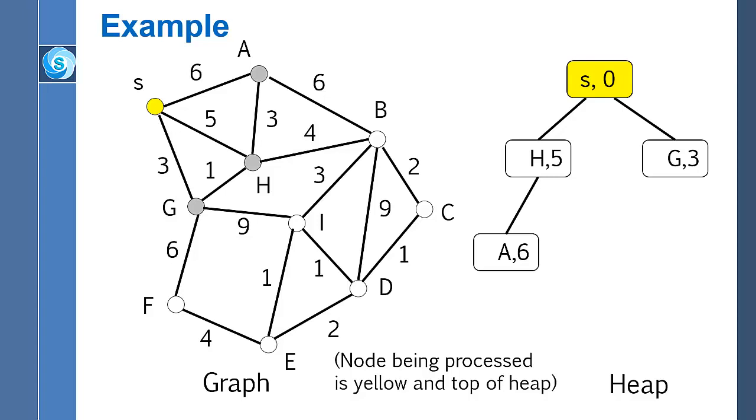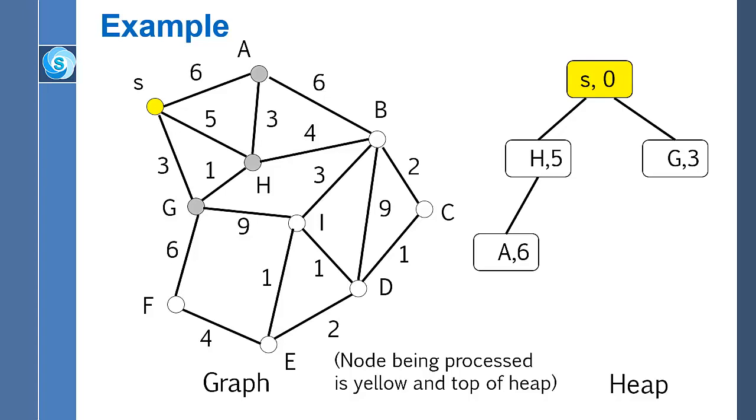Similarly, if we discover G next, in discovering G, G dot D was infinity, but now G dot D is going to become 3, and G dot pi is going to be S. And anyway, G gets added to the heap with priority 3, because that's equal to G dot D. Yeah, and it's the same story with A. A dot D was infinity.